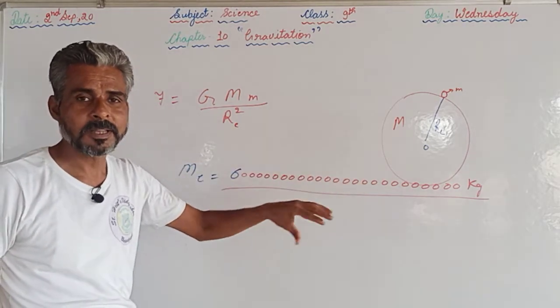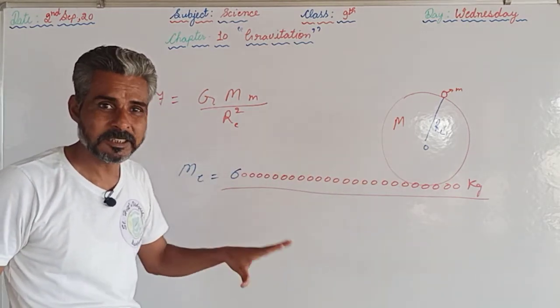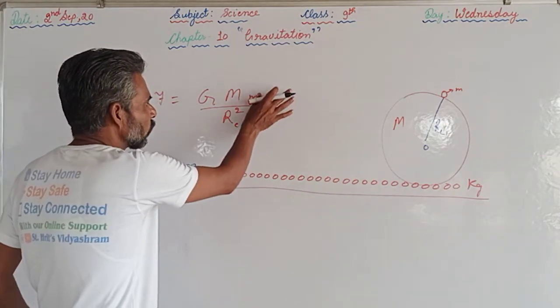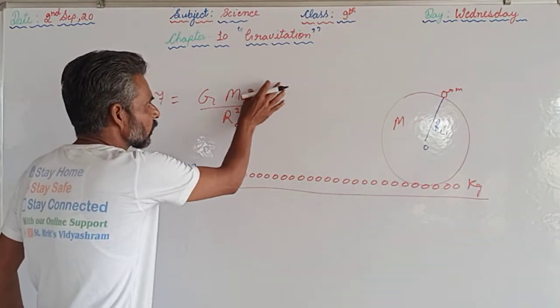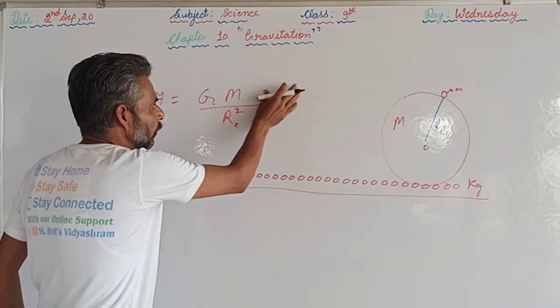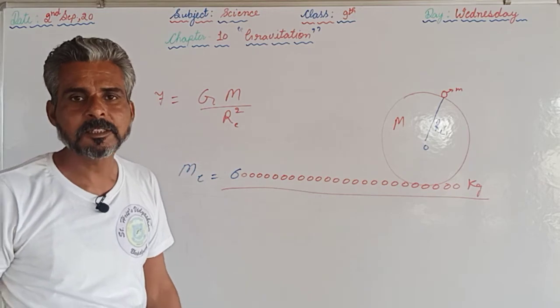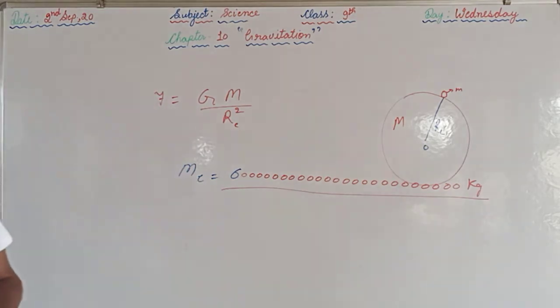So the mass of any object will be negligible as compared to the mass of the earth. That's why we will not take that mass, because the quantity is very minute, negligible as compared to the mass of the earth.